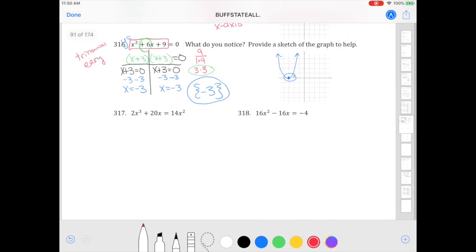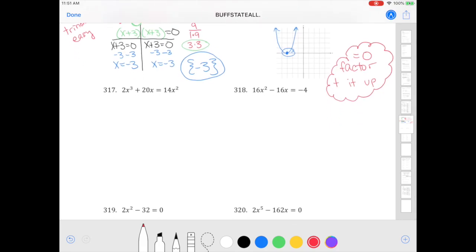So I'm just going to draw this over here as a little thing you need to remember. It needs to be equal to 0 to start. Then you factor, then you tee it up. So again, get it equal to 0, factor, tee it up.